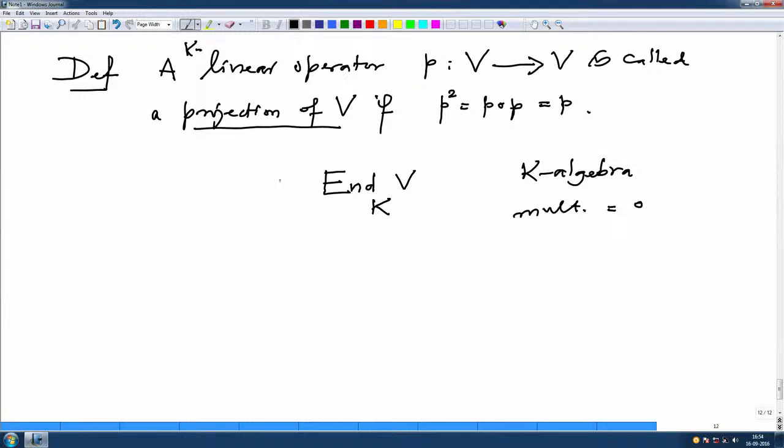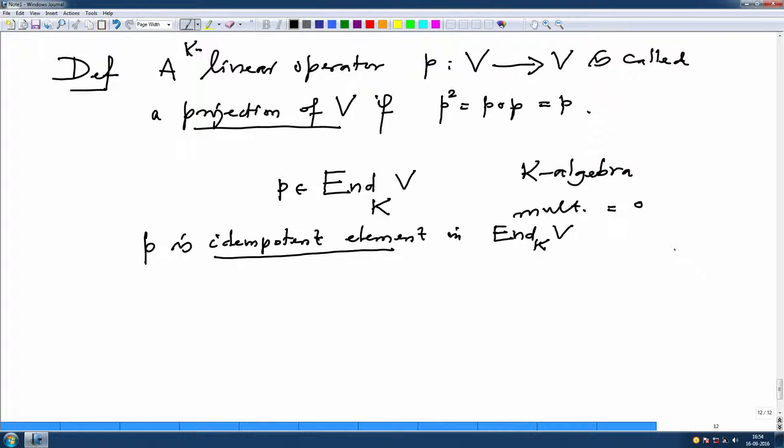P has to be here, and this condition means there are idempotent elements in this K algebra. So P is an idempotent element in the K algebra of endomorphisms of V. More generally, if you have a ring R, plus, dot, and R may not be commutative, maybe not commutative.